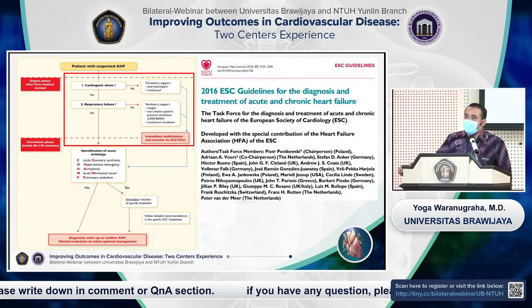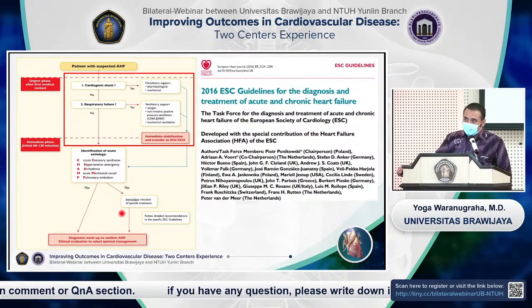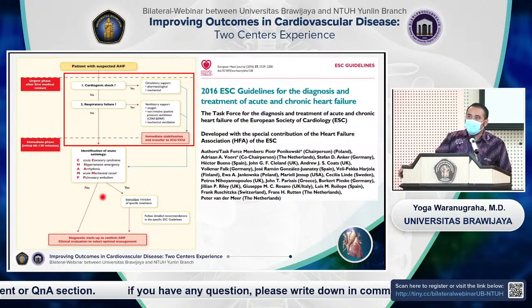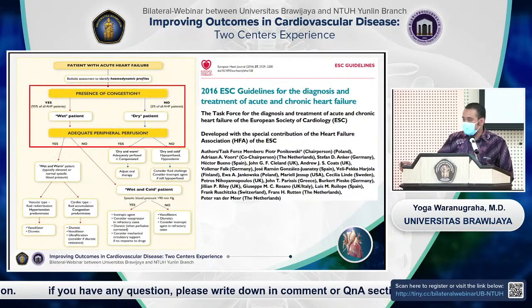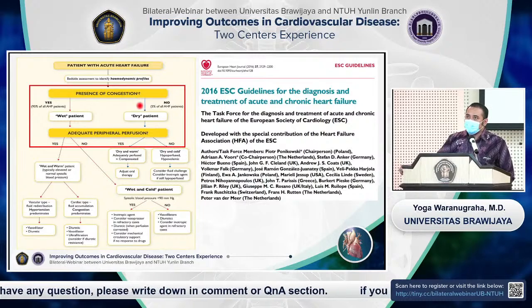If we find any of them, we have to treat as soon as possible according to the recent guideline. Before we give the specific treatment, we have to assess once again the hemodynamic profile because it is very important in the initial treatment of acute heart failure.